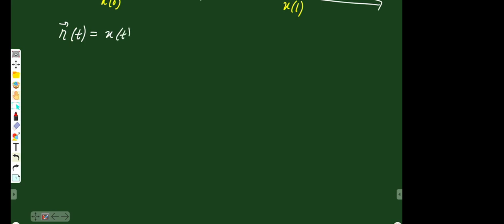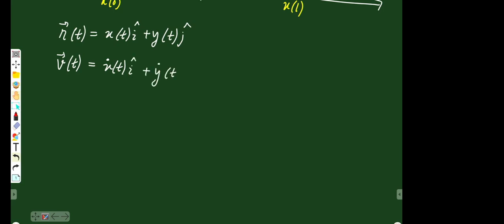Okay, so then we can say r of t, x of t i plus y of t j, and velocity v(t) can be written as x dot(t), that notation is also valid here, right? y dot(t) j, right? So acceleration as a function of time can be written as x double dot(t) i plus y double dot(t) j.